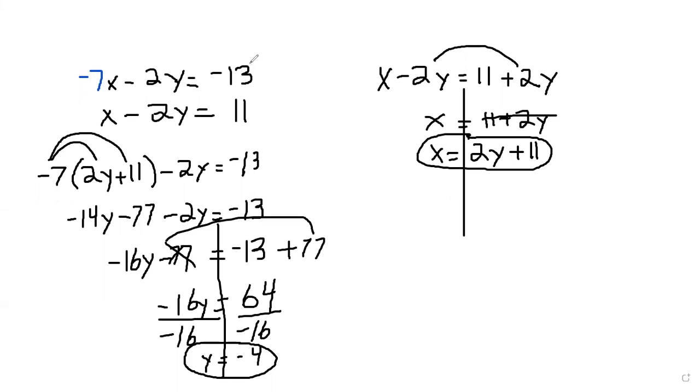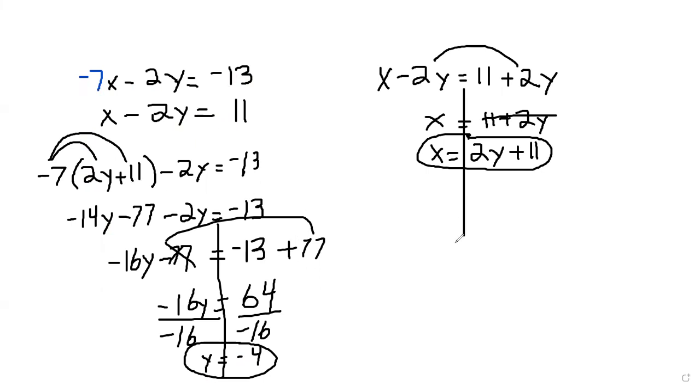Okay, so that's one of our answers right there, y equals negative 4. We're going to take this y equals negative 4 and substitute it back into one of these equations. Now we could substitute in the first equation here or the second one. It really doesn't make any difference. But I'm going to save ourselves a little bit of work, and I'm going to substitute it in the second equation. It looks a little bit easier, doesn't it?